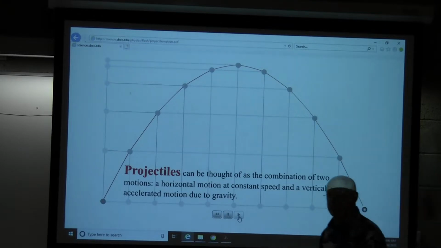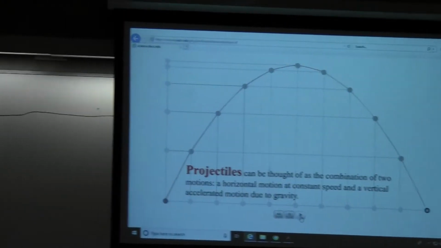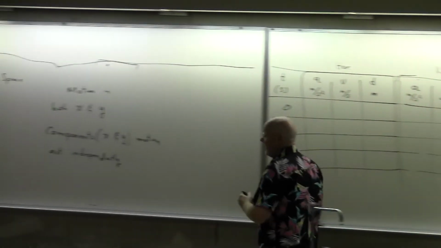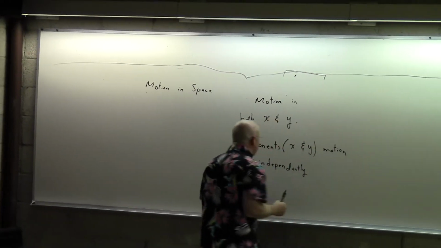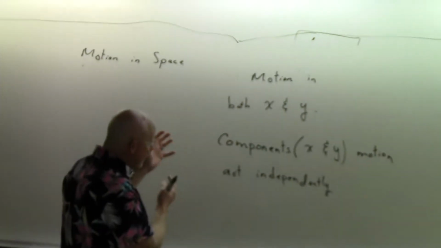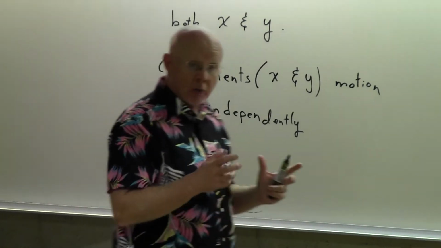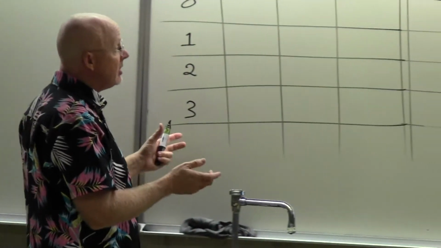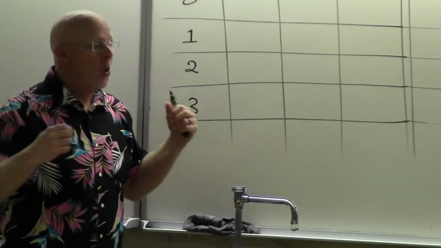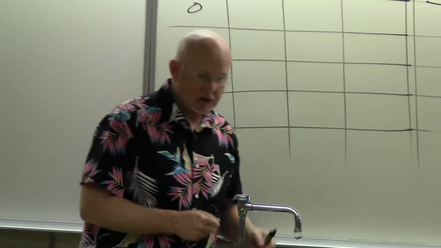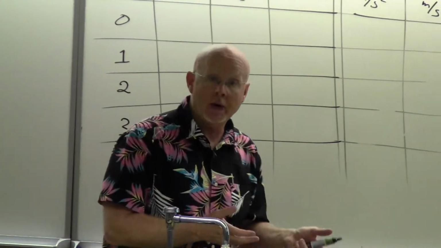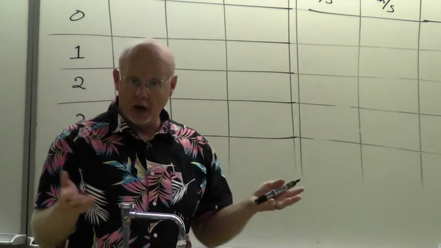So when I sit down to do the math here, let me come over here, and I left on the board from the break this whole main idea that the components, that is the X and Y motion, act independently. That's why then when we start doing a calculation and we start asking questions, where is the object or how fast is the object going, it's a two-part question.